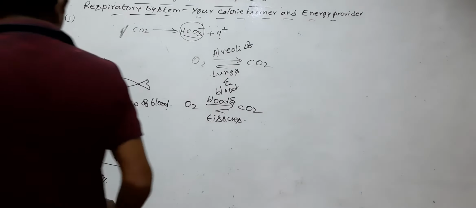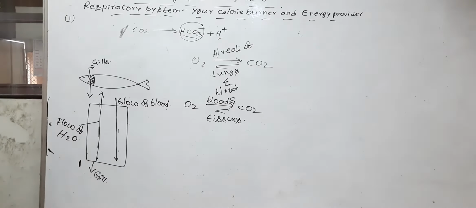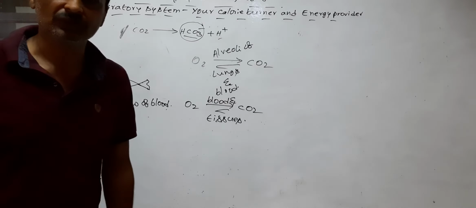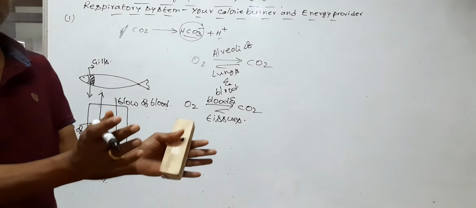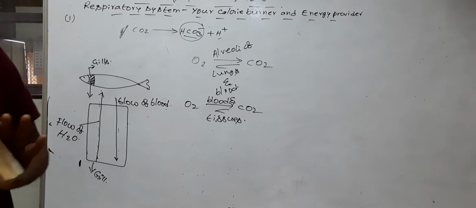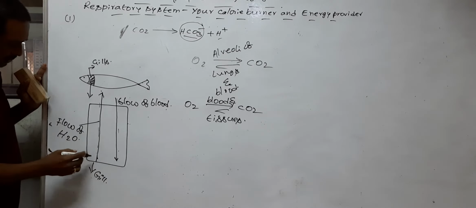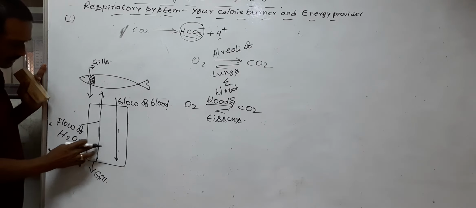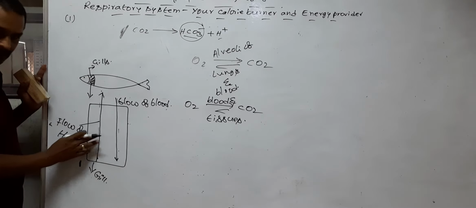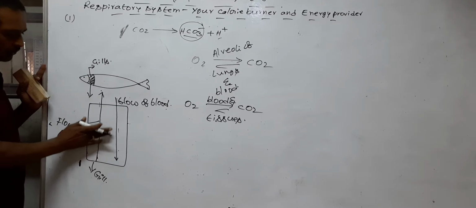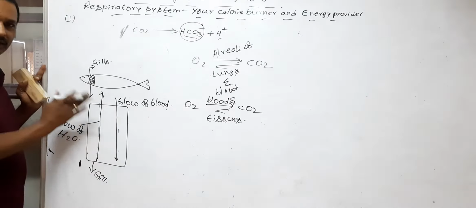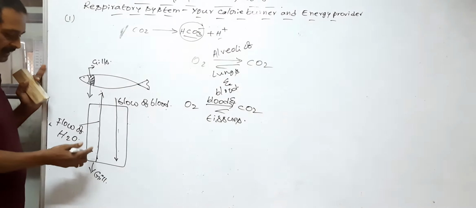So generally gases are diffused from high concentration to low concentration. Here in the gills, water and blood both flow through the gills in opposite direction.